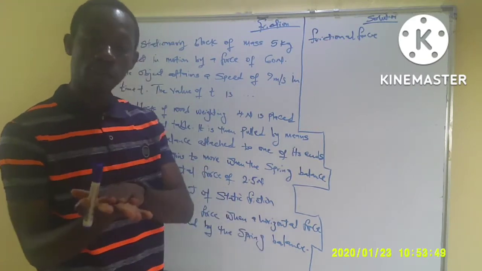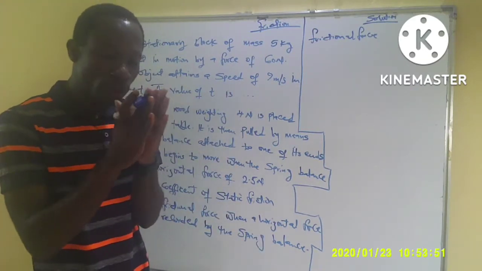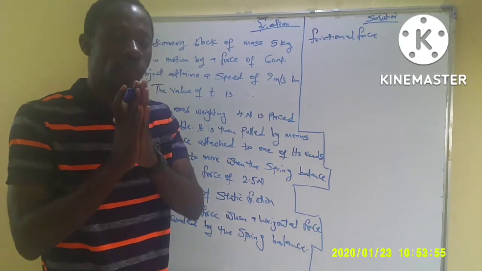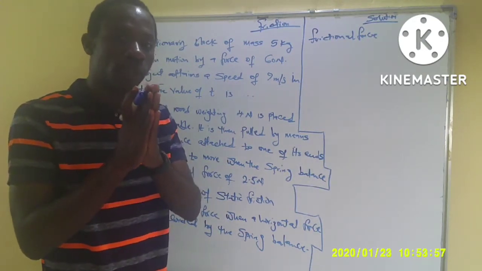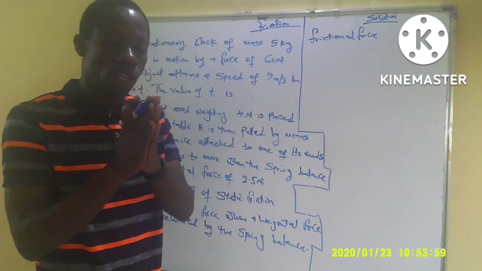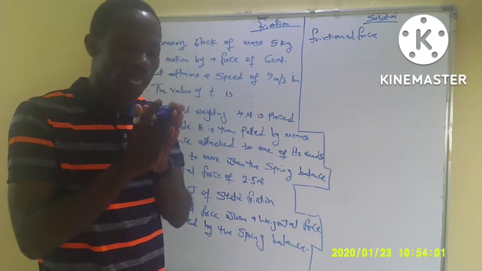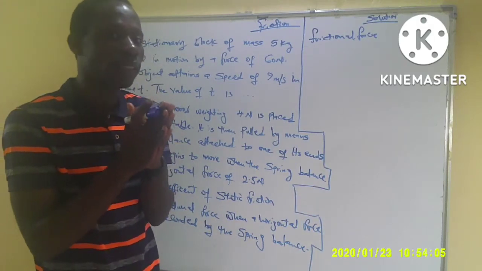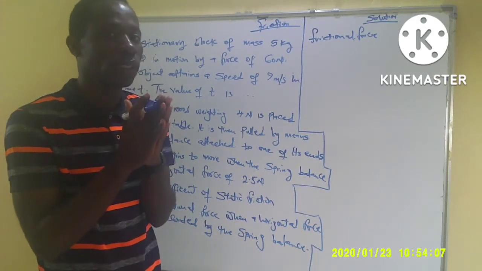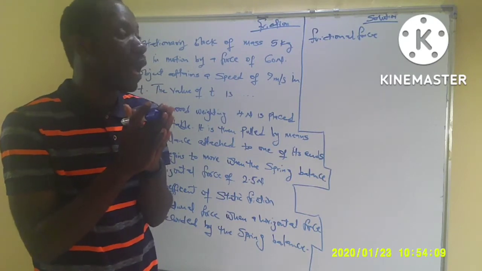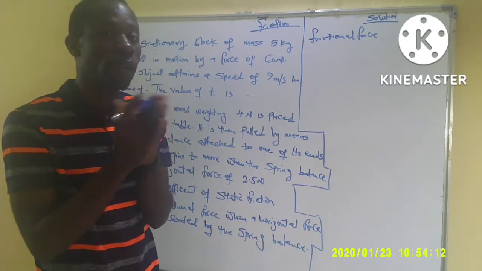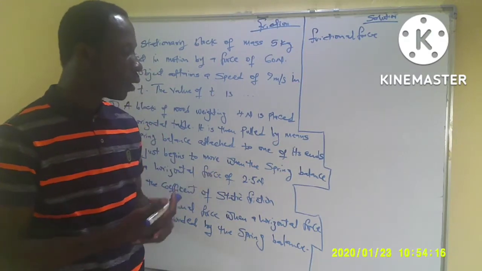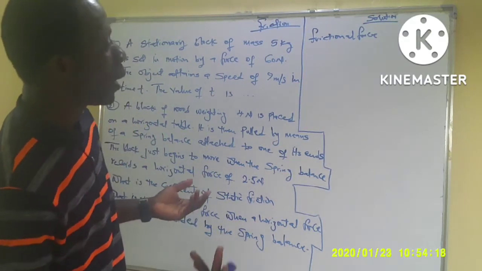When they come together, there's a force that acts between these two surfaces, and this force tends to oppose the motion. It doesn't want this one to go. So it's a resisting force between these two objects. So the force that acts at the surface of two objects and tends to oppose the motion of one over the other is what we refer to as frictional force.